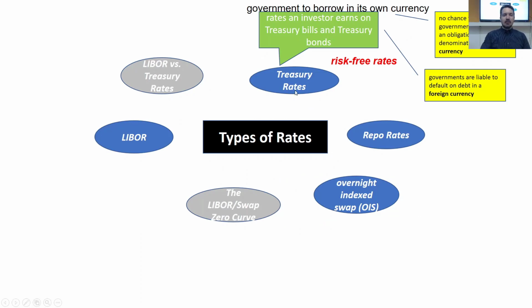Okay, but what kind of rates are available for us? We have this dandelion again, just a different dandelion, blooming flower parts like treasury rates, repo rates, overnight index swap OIS rates, and Libor rates.